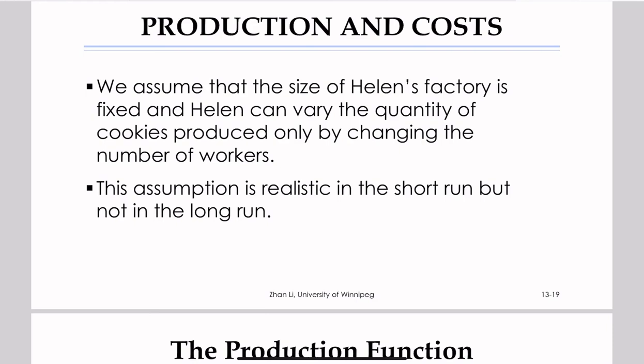And you can see that this is a quite reasonable assumption. The reason is because if we are thinking about the short-term firm decisions, clearly it's very hard for a firm to expand its factory in the short term. However, hiring new workers to increase production is more doable in the short term, right?